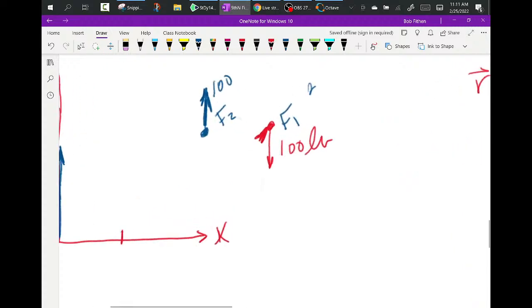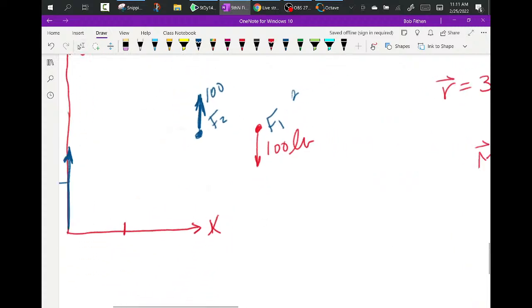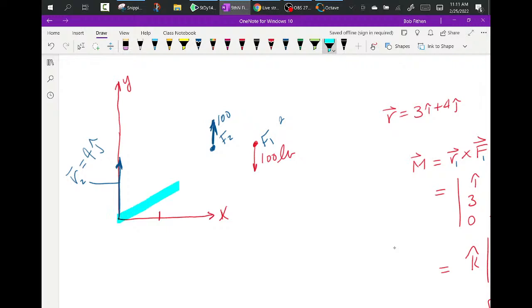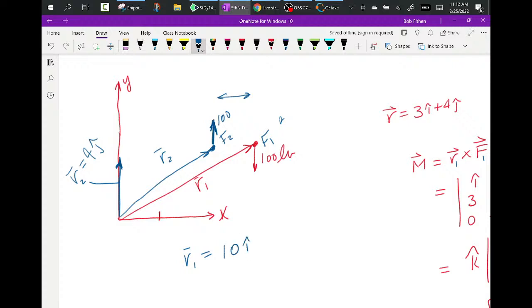Now, okay, my R1 looks a little bit different. Let's say my R1, oops, let's go in here and go back to red. So here's my R1, and here's going to be my R2. Now, since I moved them together and they did not move any further apart from each other or closer together, my R1, I moved it over. Now it's 10i.